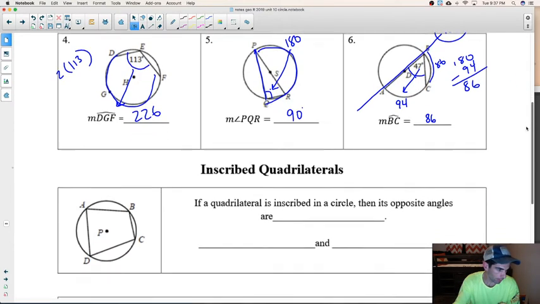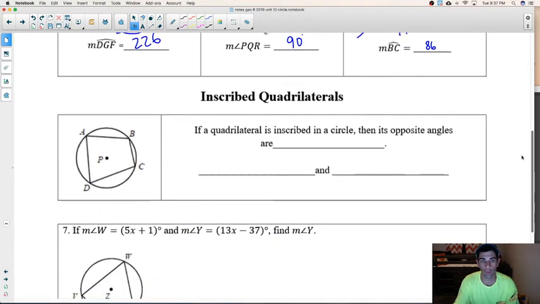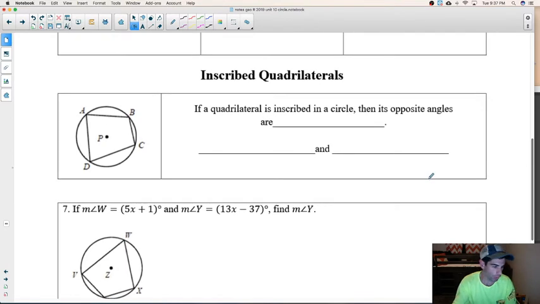Okay, continuing on. Inscribed quadrilaterals. If a quadrilateral is inscribed in a circle, so a quadrilateral is 4 sides, right? Then opposite angles, say A and C and B and D are opposite angles, so they are supplementary, which means equals 180.